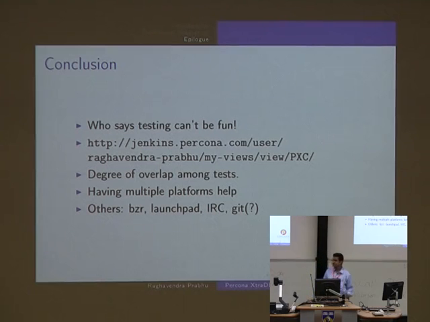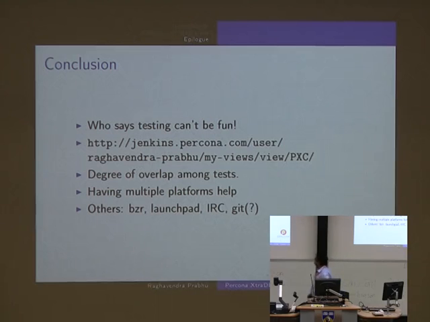Are any of those people sitting in this room? People keep telling me I should write one. But Bazaar works, though sometimes I get Python backtraces when I'm doing something.